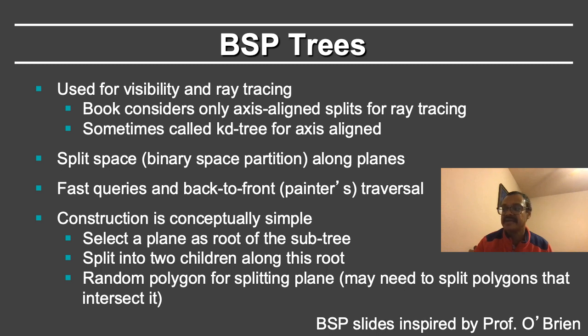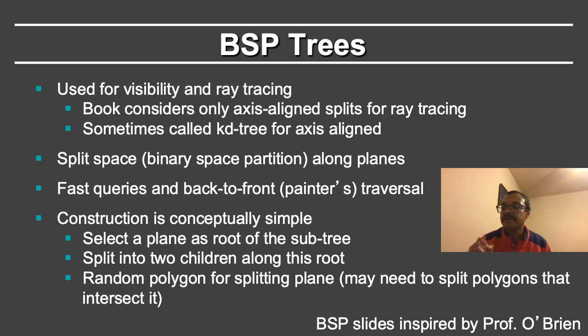You want to binary space partition along planes. Once you have developed this representation, you can enable fast queries and a simple back-to-front painter's algorithm traversal. The construction of the binary space partitioning tree is conceptually simple.